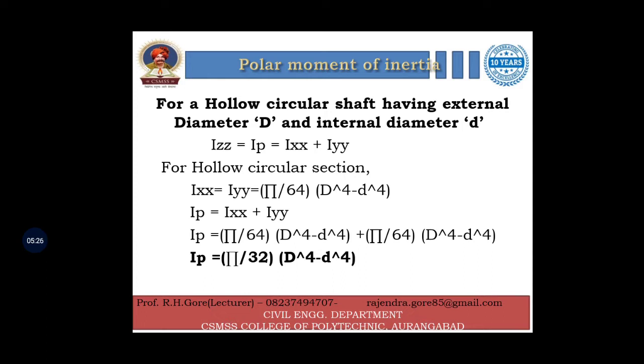So Ip is equal to pi by 64 capital D to the power 4 minus small d to the power 4 plus pi by 64 capital D to the power 4 minus small d to the power 4. So the polar moment of inertia for a hollow circular shaft is pi by 32 into capital D to the power 4 minus small d to the power 4.